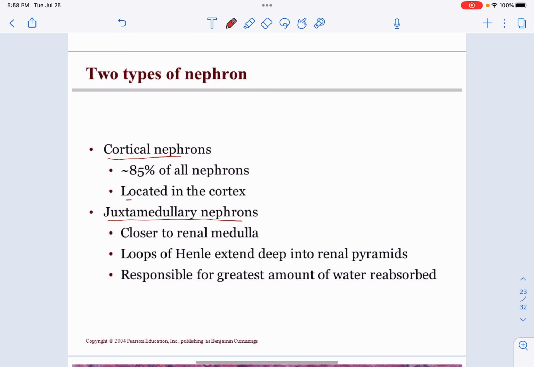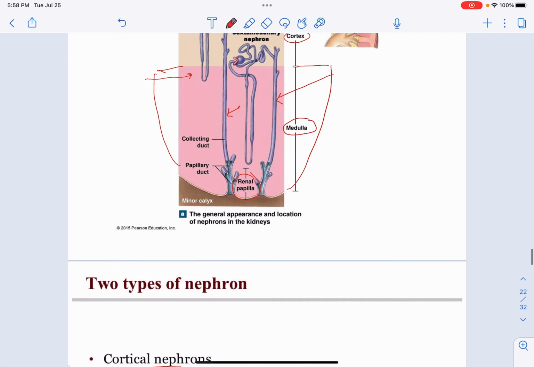Again, I feel like I've said this a bunch of times. They are located in the cortex. The juxtamedullary nephrons are more rare, and as I showed you on the previous slide, they do dip down deep into the medullary region.